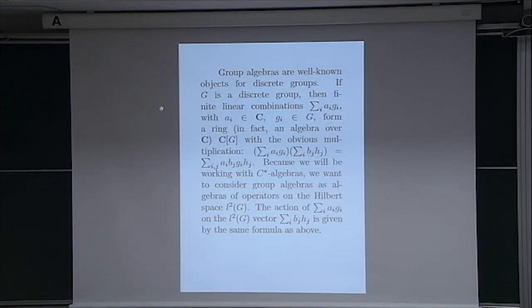And for just the algebraic part, the multiplication is like this, and there is an action of the element of the group on L2 of G, on the Hilbert space. And the formula is just exactly the same. So it's just convolution product.